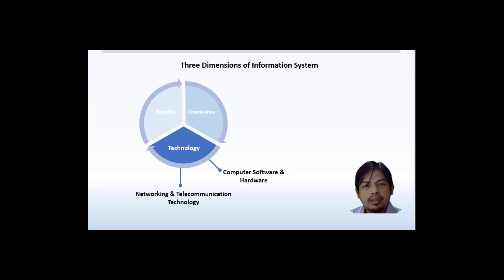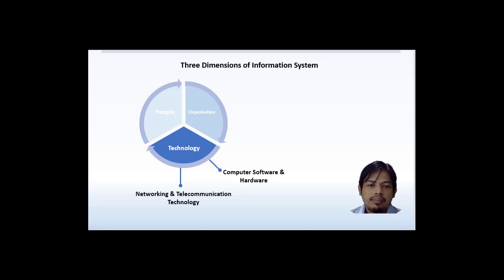Computer hardware refers to the laptop, devices, keyboard or mouse, which function as input, output, or processing of data. Software is like Windows or Microsoft Office.